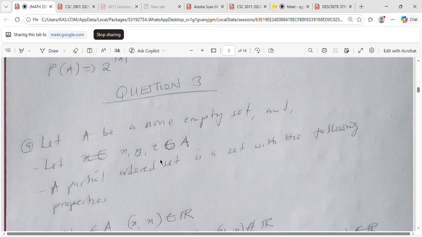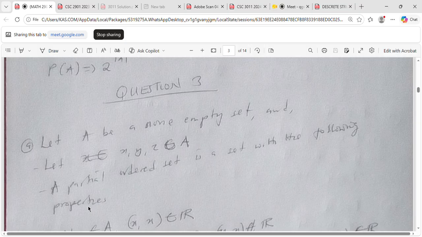Remember, whether equivalence set or partially ordered set, at some point we'll deal with 3 elements. So we say we let x, y, z be members of that A. A partial order set is a set with the following characteristics or properties.